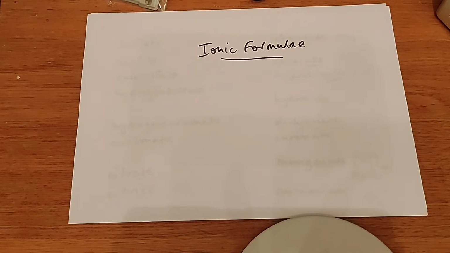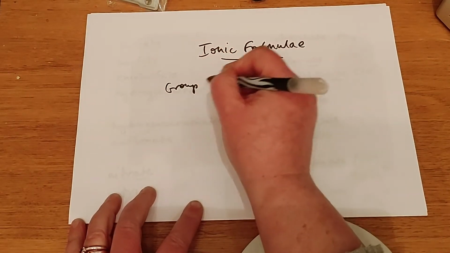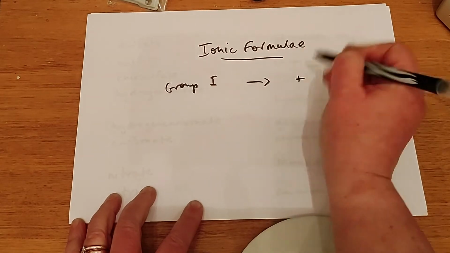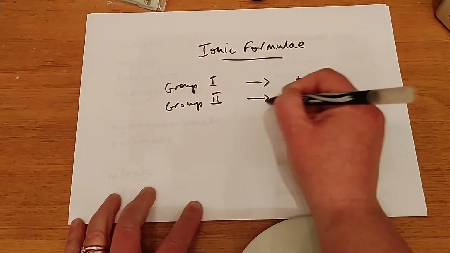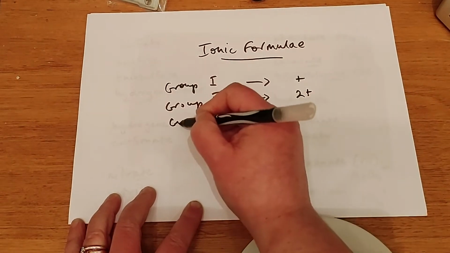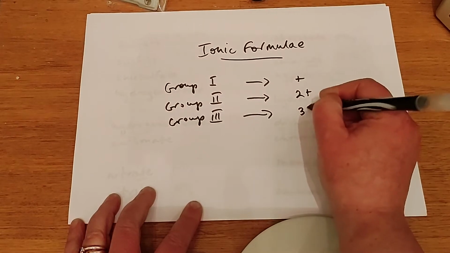You can work out the formula of compounds containing metals from the charges on the ions. So for group 1, the charge is +1. For group 2, it's +2. And for group 3, it's +3.